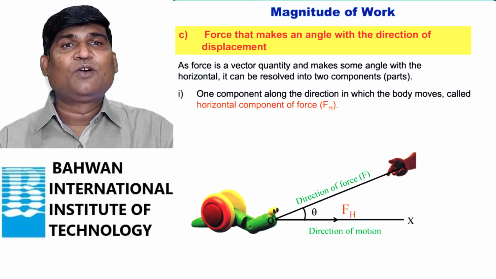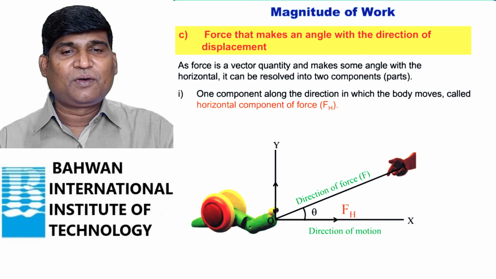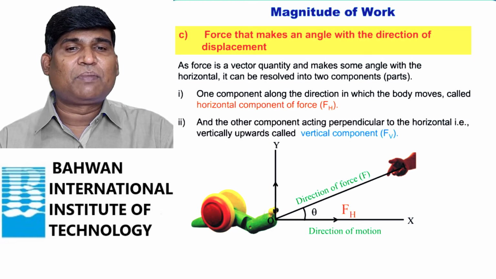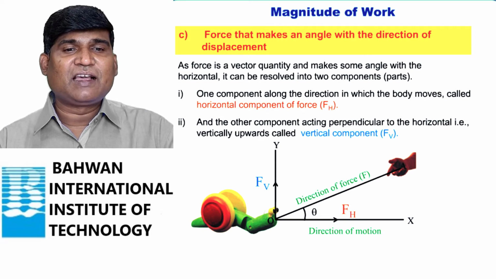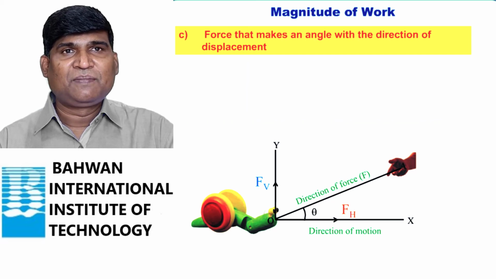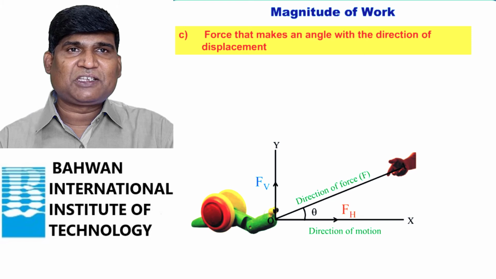Okay, you are able to see here force F is divided into two components, that is horizontal component Fh and vertical component Fv. In the direction of displacement, the horizontal component is there, that is Fh. So if you know the value of Fh and you already know the displacement, you can get the work done in this case.